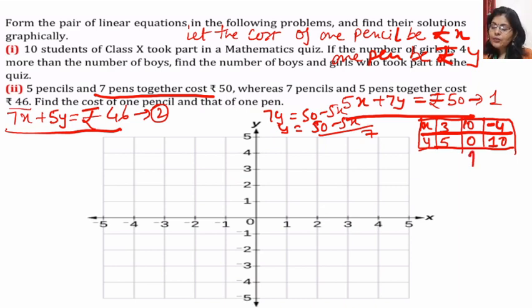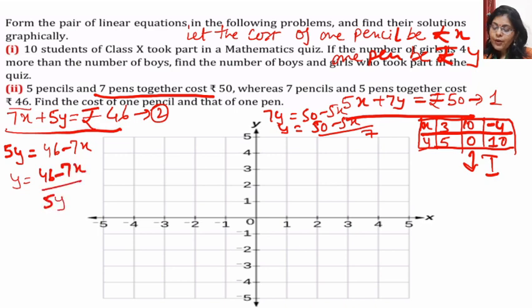Similarly, we will do the same process for the second equation also. For the second equation, we will write in the same manner, 5y is equal to 46 minus 7x. Then y equals (46 minus 7x) upon 5.